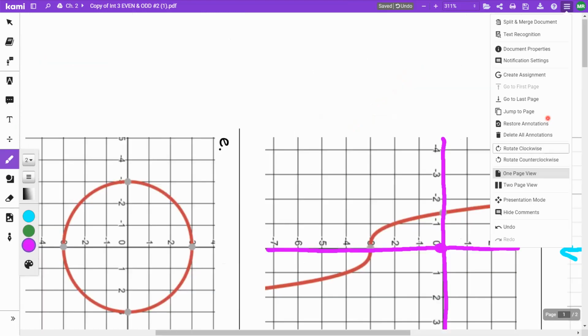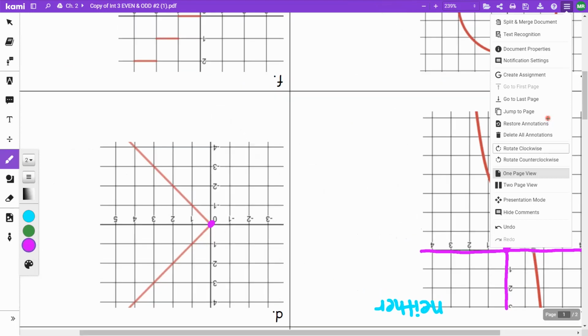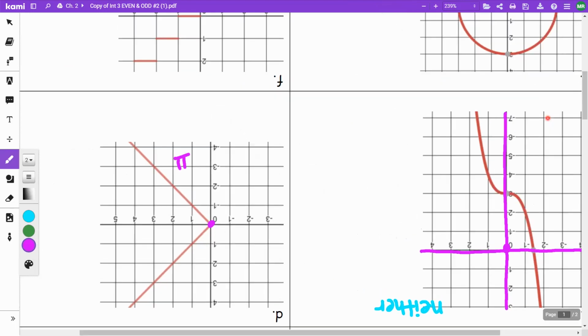So let me rotate it. And you see how I'm in quadrants 2 and 3 when originally I was here in 1 and 4. So this is going to be neither.